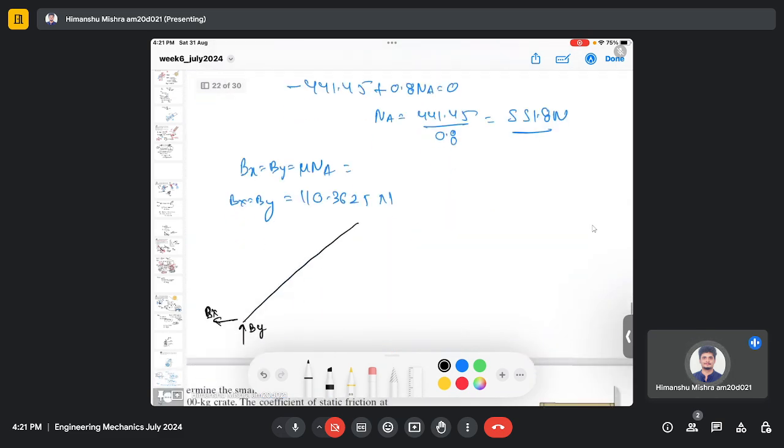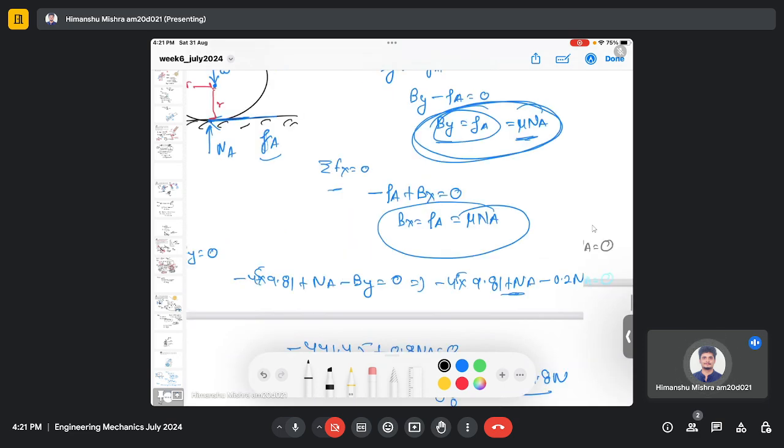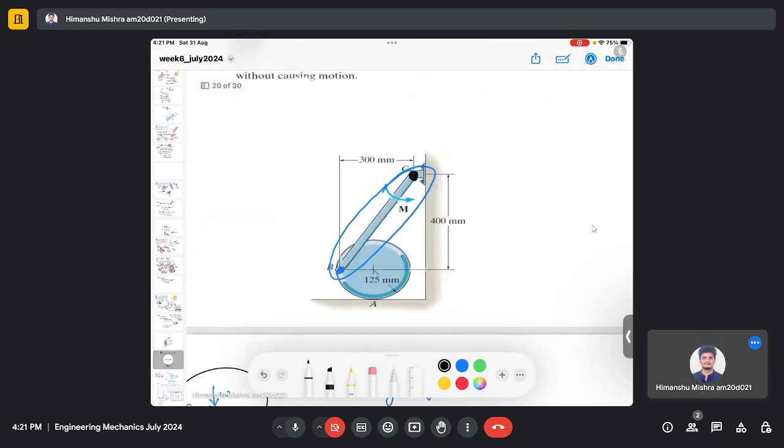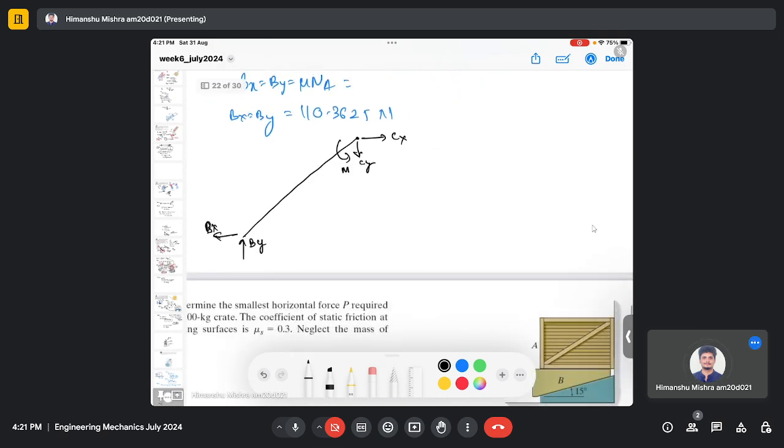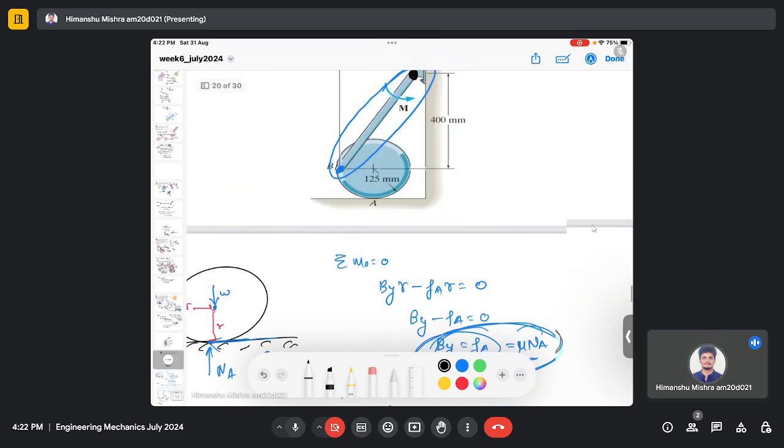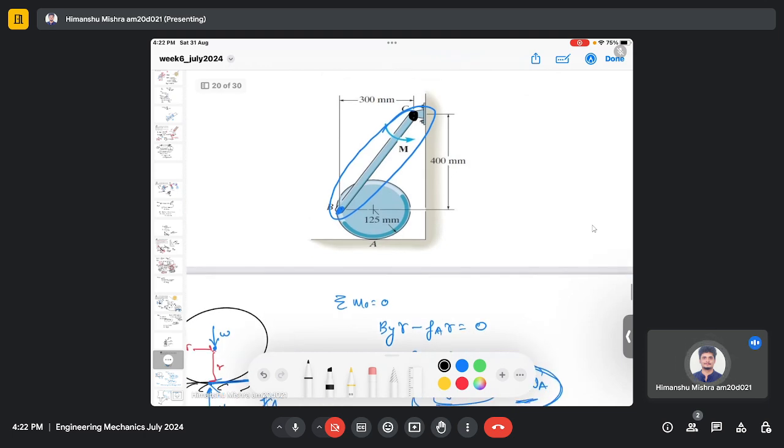Now I am considering By upward because it's a normal reaction force exerted on the rod in the upward direction. There will be a moment here, and here we have reactions at point C, Cx and Cy, because there is a pin joint here also, right? So again, if I do the moment balance analysis, but before that, just note down the distances.